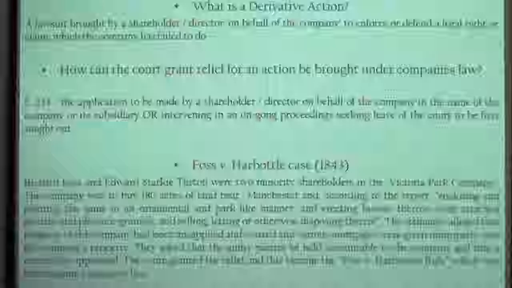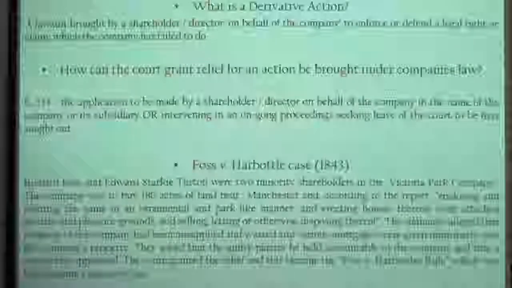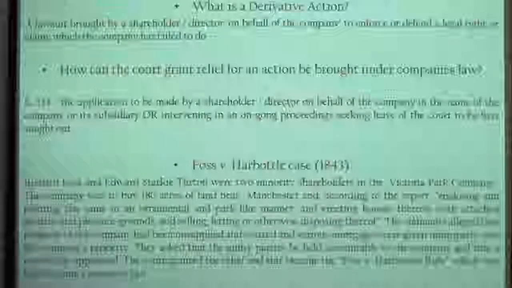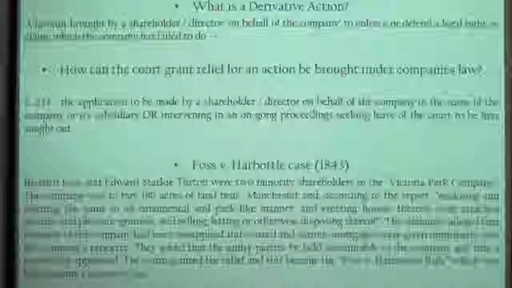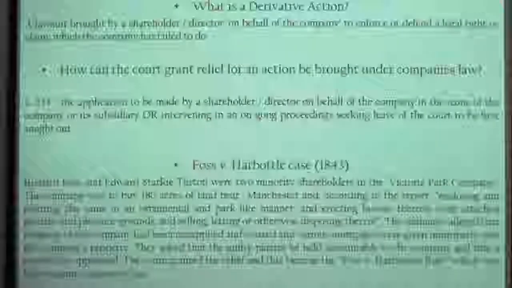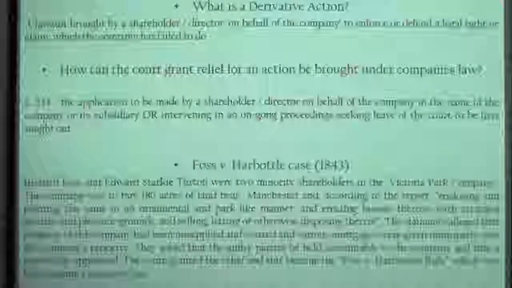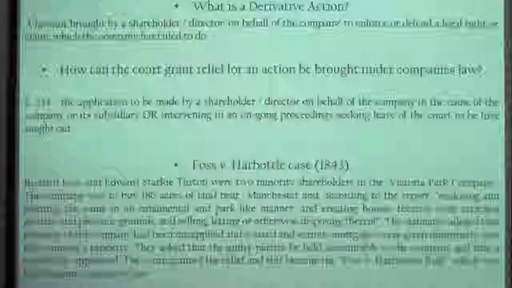Now, this particular derivative action came into being as a common law remedy in the UK through the case Foss versus Harbottle. In this case in 1843, Richard Foss and Edward Starkey Turton were two minority shareholders in the Victoria Park Company.